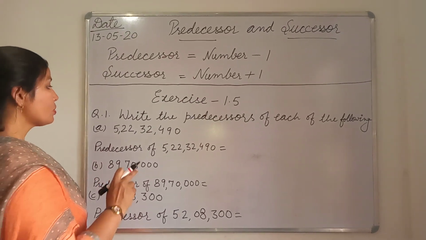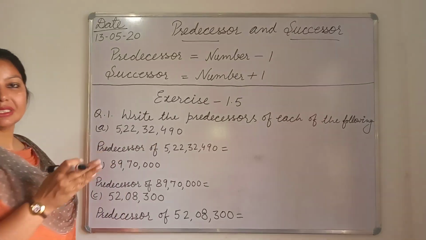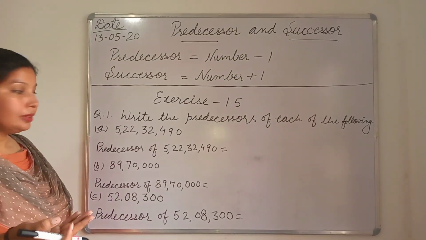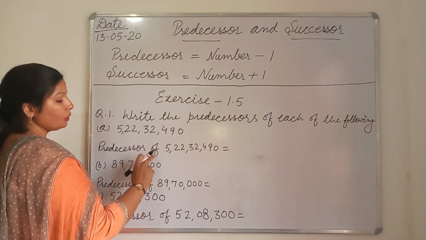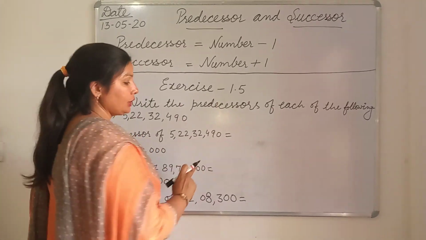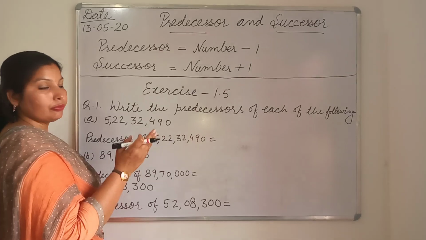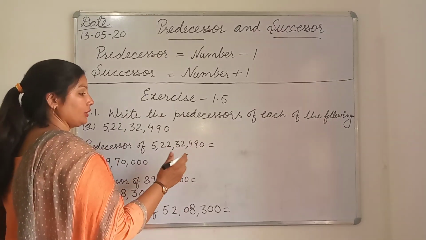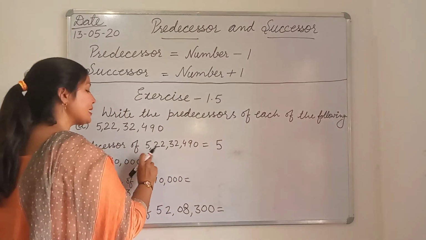So 490 minus 1. 90 minus 1, what do we get? 89. So you will write the predecessor like this. Predecessor of 5 crore 22 lakhs 32,490. When we do minus 1, it becomes 489. The rest of the number will remain the same.